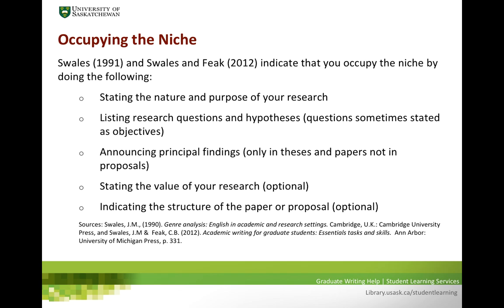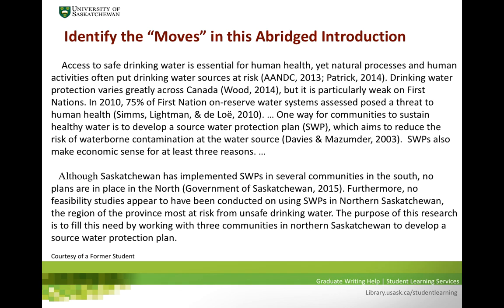So now that we've gone over these moves, let's see if we can see them at work in an abridged introduction of a student proposal. Access to safe drinking water is essential for human health, yet natural processes and human activities often put drinking water sources at risk. Drinking water protection varies greatly across Canada, but it is particularly weak on First Nations.